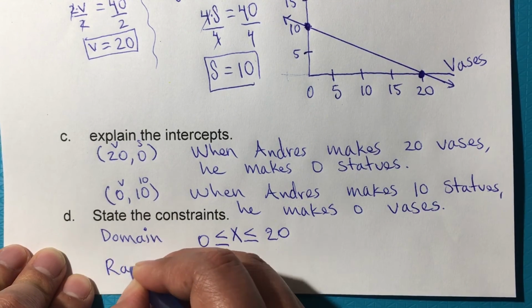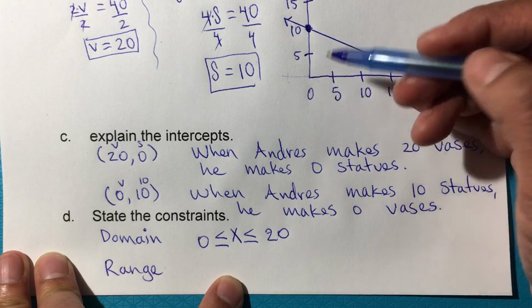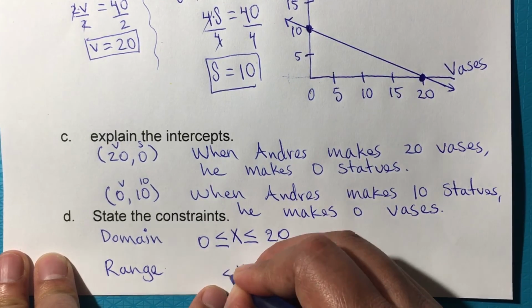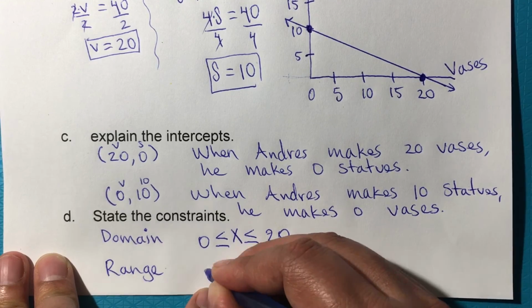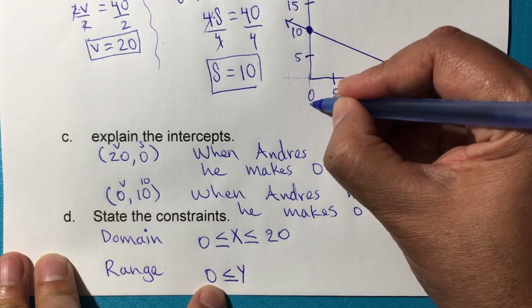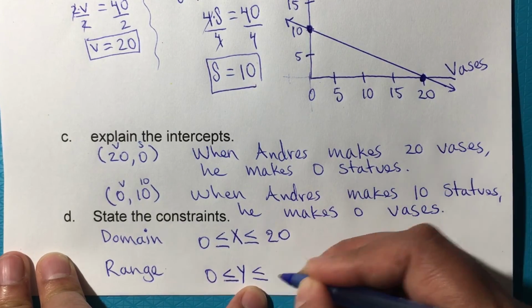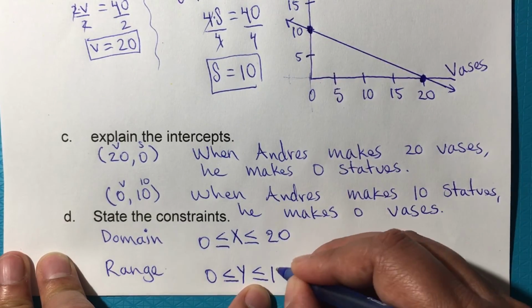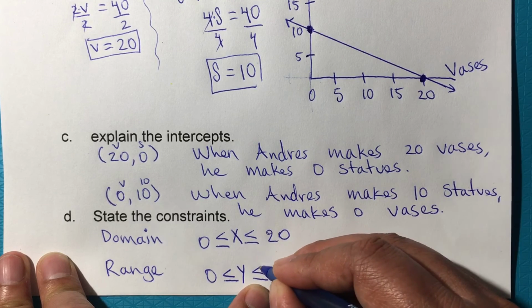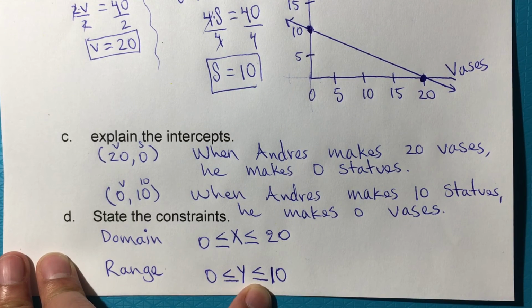The range, possible values for Y. So Y is greater or equal than 0 again, because we cannot have negative statues. But it is less or equal than 10, because we cannot make more than 10 since we only have 40 pounds of clay and it takes 4 pounds for each one of those statues.